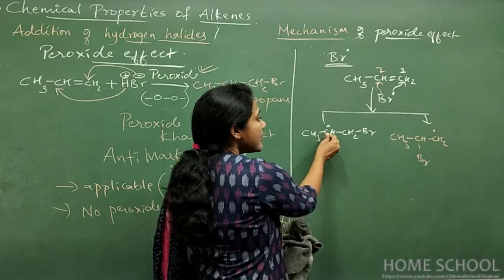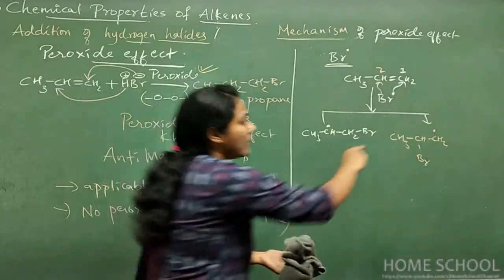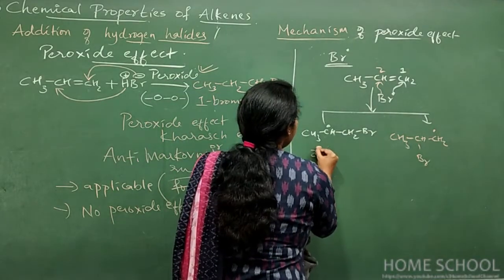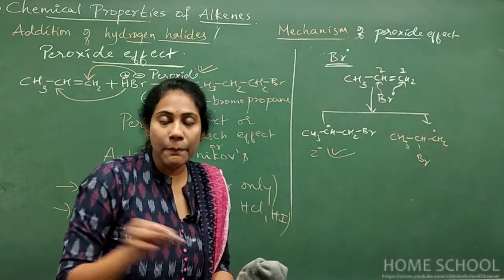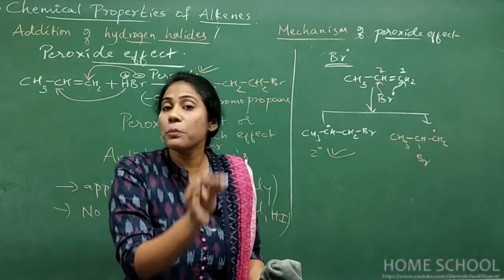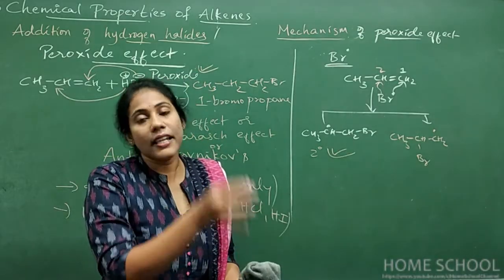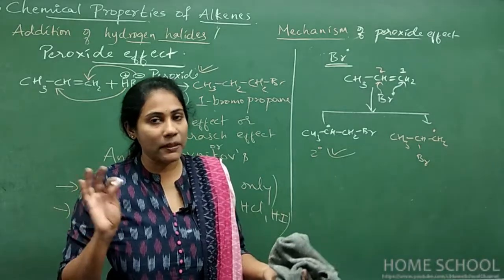Now this one is a secondary free radical and this one is a primary free radical. The secondary free radical is more stable. Among free radicals, tertiary is more stable than secondary, and secondary is more stable than primary. I explained all that in my first chapter videos.